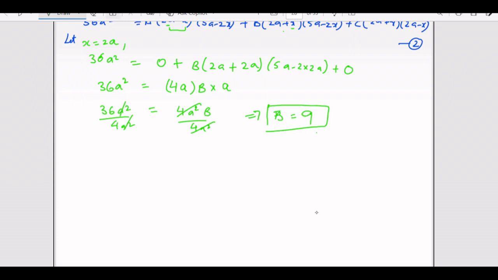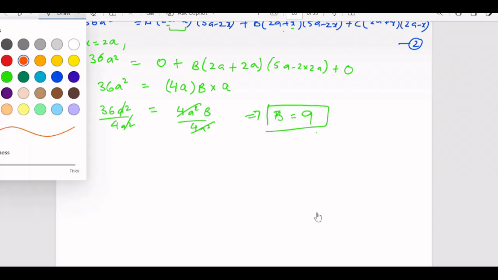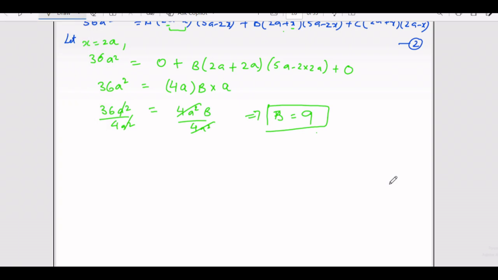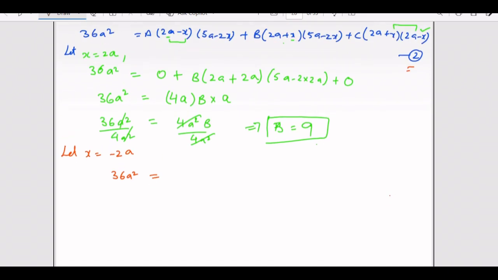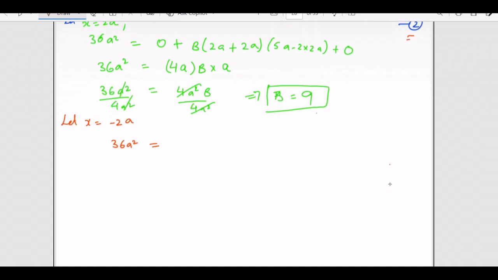Now we can substitute another value, let's say x equals minus 2a. When x is minus 2a, we use the equation from here: 36a squared equals A into (2a plus 2a), then (5a minus 2 times minus 2a).